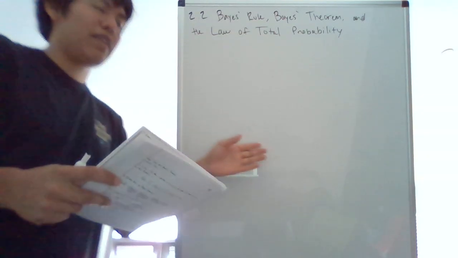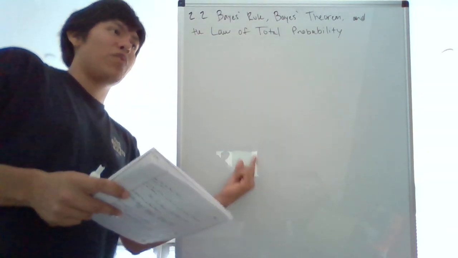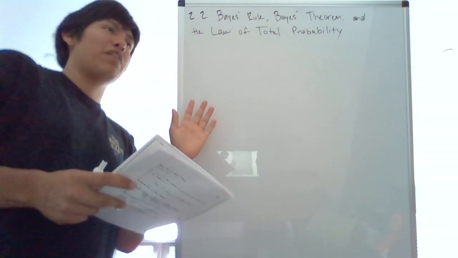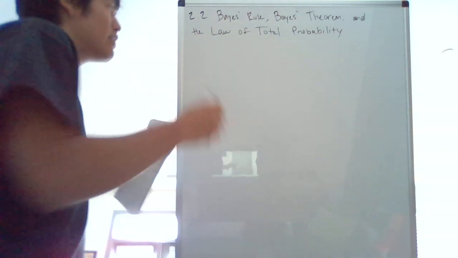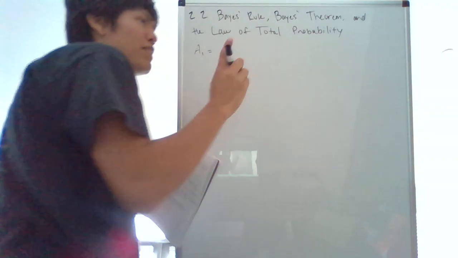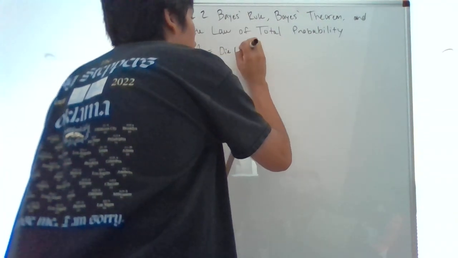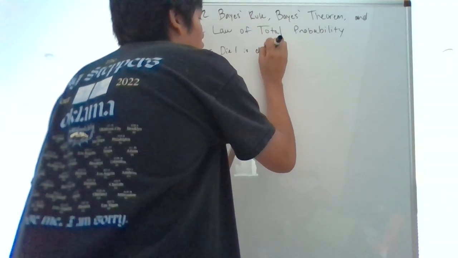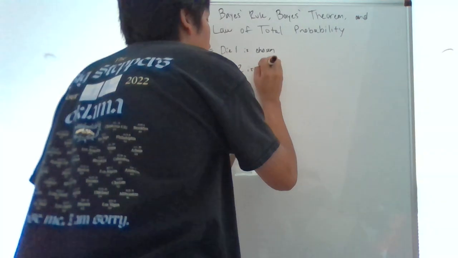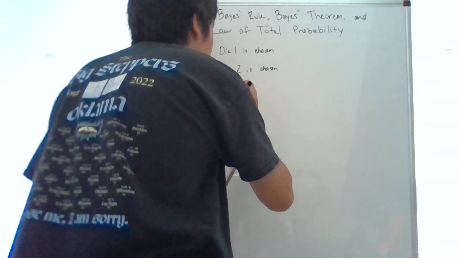In the extended form of Bayes' theorem, remember we had A sub 1, A sub 2, A sub 3. Because we have 3 dice to choose from, those would be our event A. So let's say that A sub 1 is the event that the first die is chosen, A sub 2 is the event that die 2 is chosen, and A sub 3 is the event that die 3 is chosen.